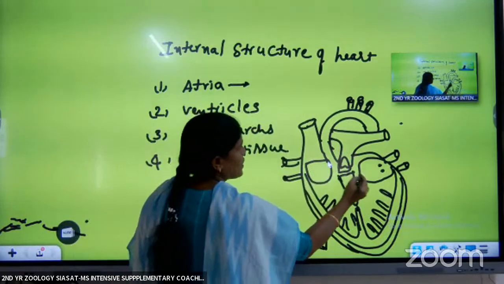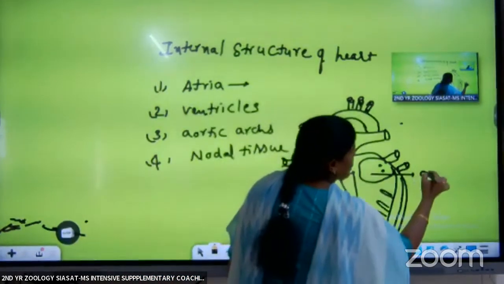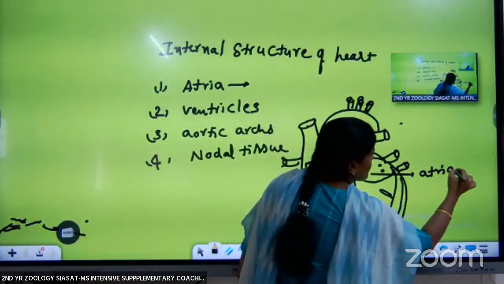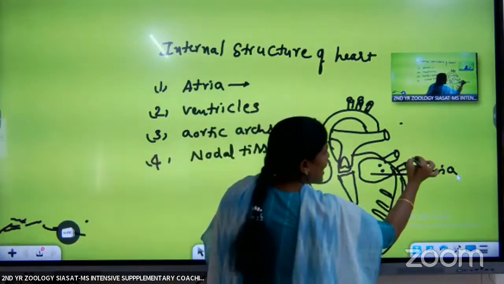Here it is, the upper chambers. These are called the atria, or also called the auricles. This is called the right atria.